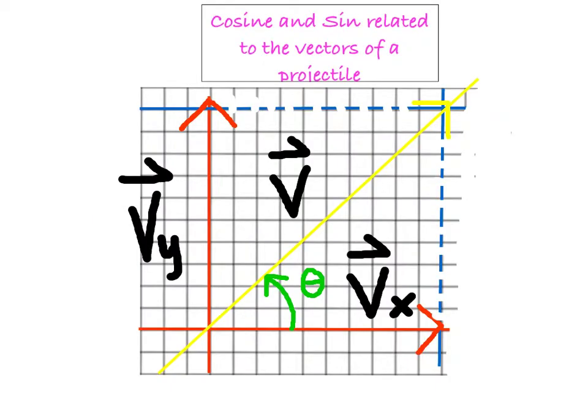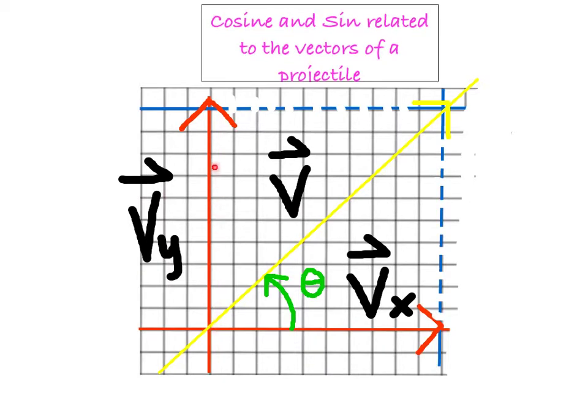Now this is where we tie in cosine and sine with the vectors of a projectile. So when you throw a discus, the vertical axis will equal Vy, and the horizontal axis will equal Vx. Now remember when I told you that theta equals the sum of the horizontal and vertical components, this stands true.